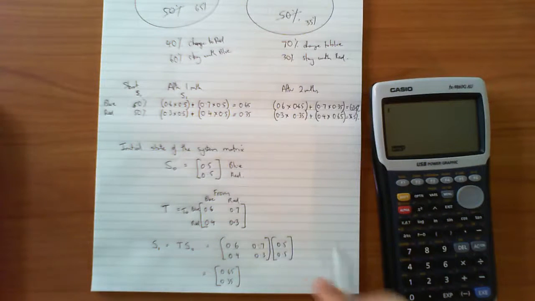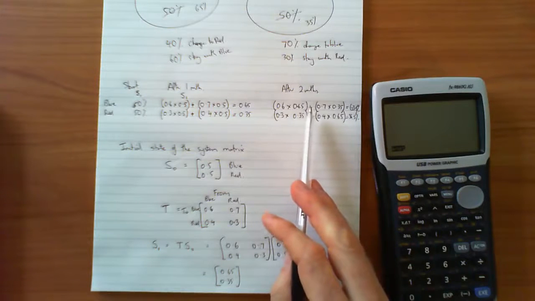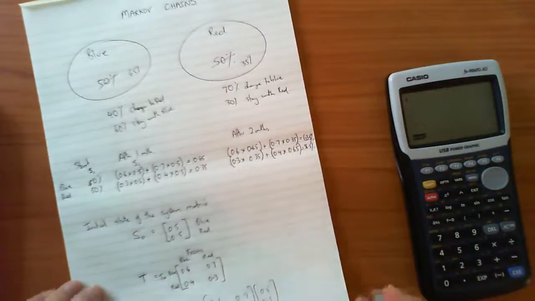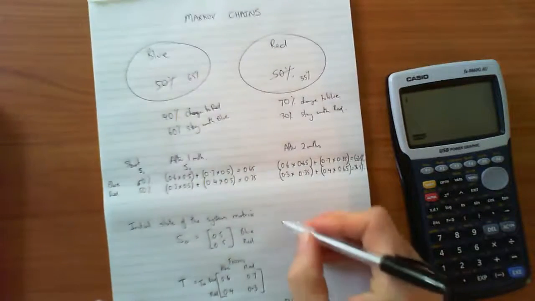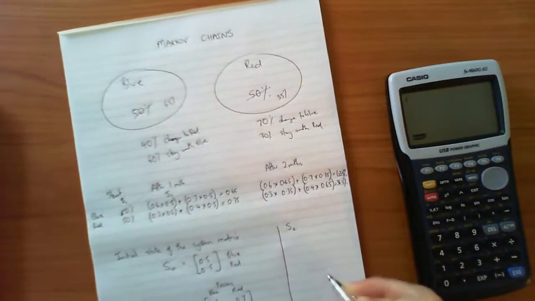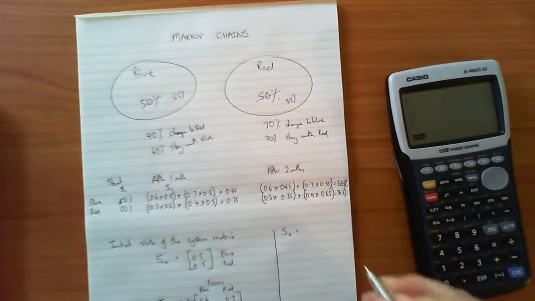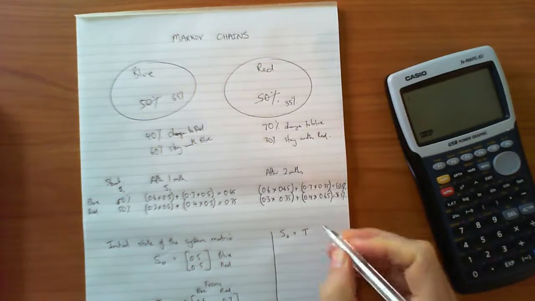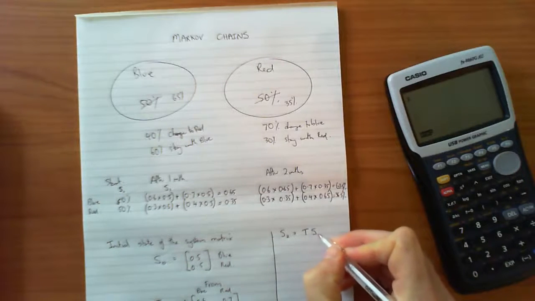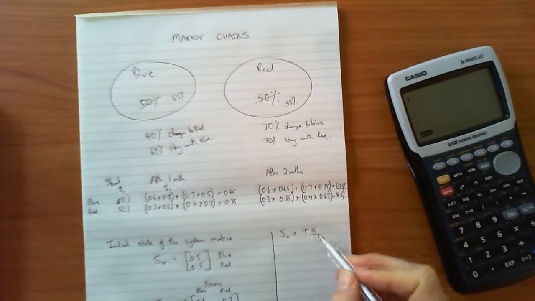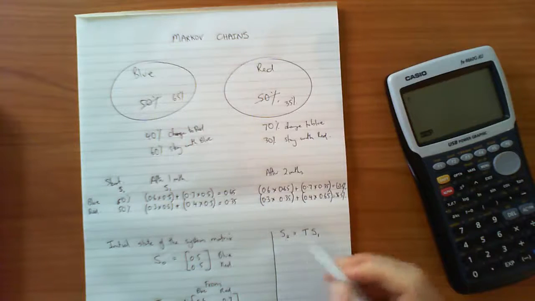Okay, now if you go ahead, you can try the after 2 months. If we want to work out the state after 2 months, so we'll call that S2, S2 will be the transition matrix multiplied by the state after 1 month. The transition matrix is taking S1, it's transitioning S1 to becoming S2.